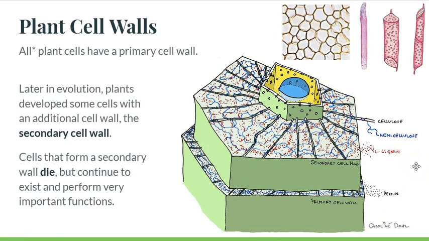So when a plant cell forms a secondary cell wall that is lignified, that plant cell eventually is going to die. So the primary cell wall helps deposit this secondary wall, but as it gets deposited, it cuts off the internal plasma membrane, cytoplasm, everything within that cell from the exterior environment.